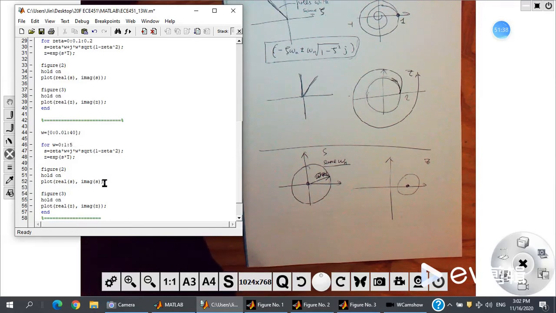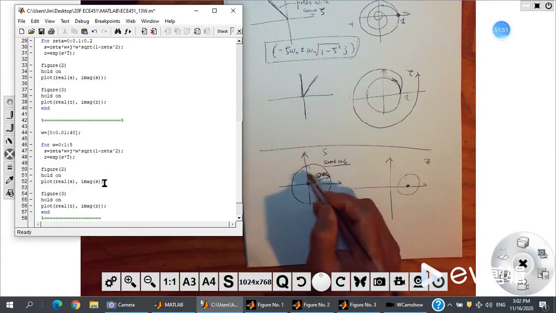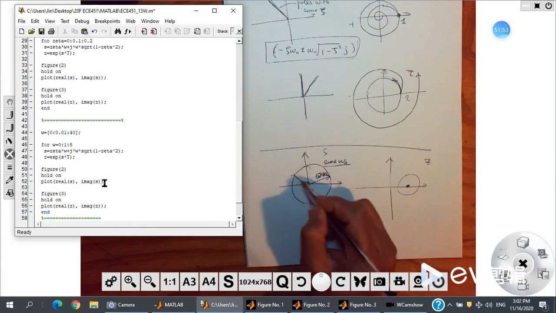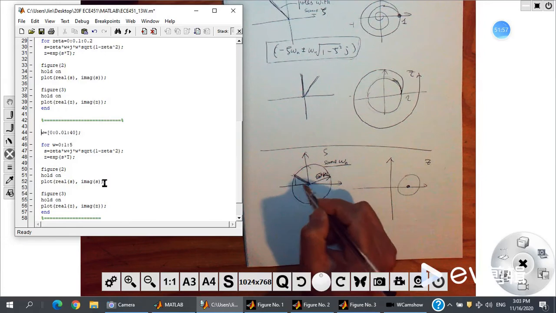I choose 5. Omega n is now related with zeta, right? When you turn around the curve, the slope will be negative zeta, so this part will be negative zeta omega n.